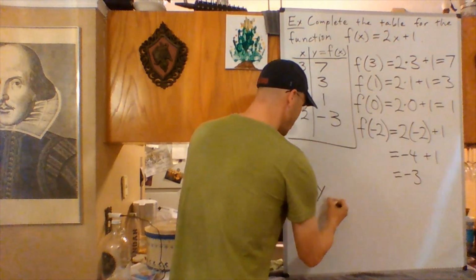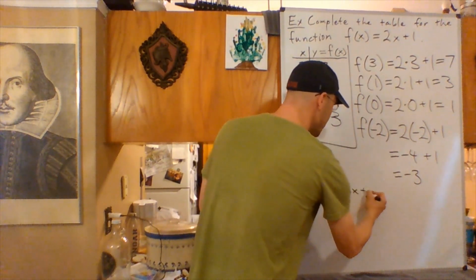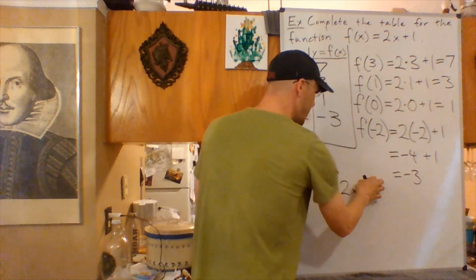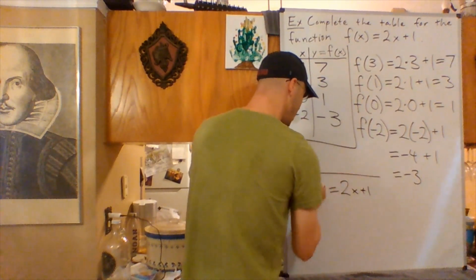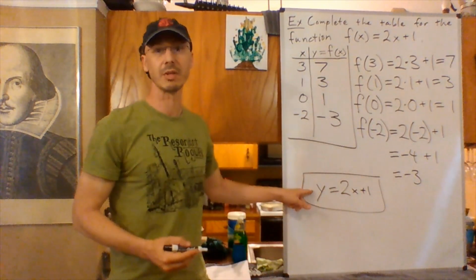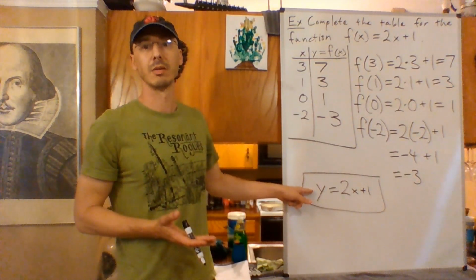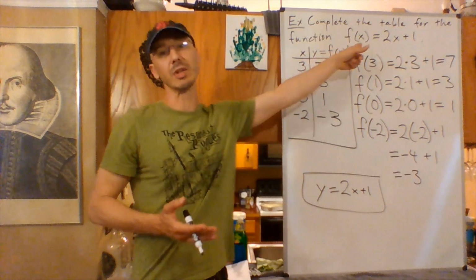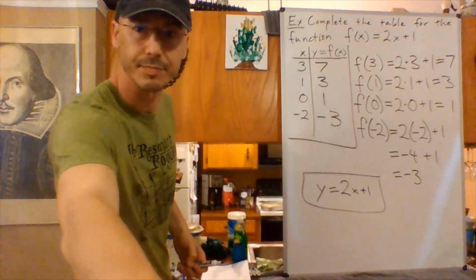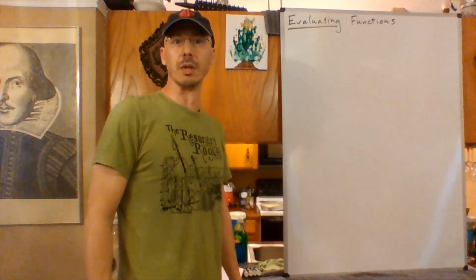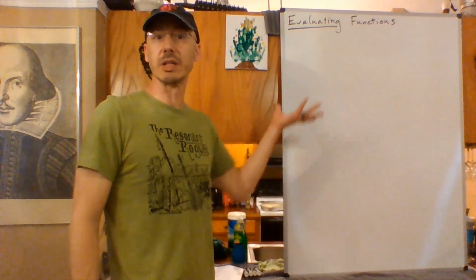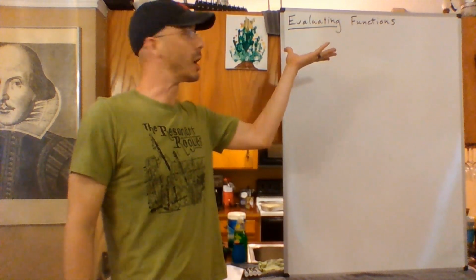This is y equals 2x plus 1, the slope-intercept form of the line, which is the graph of this function.